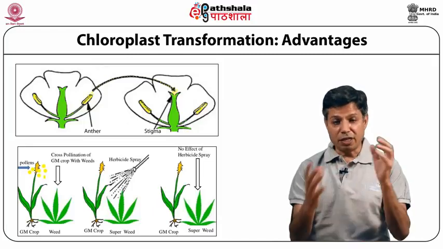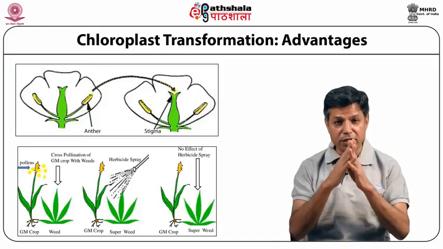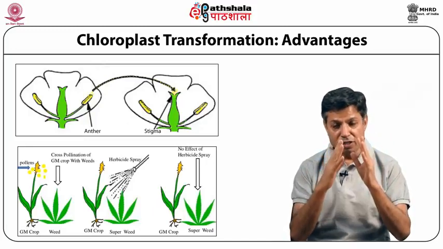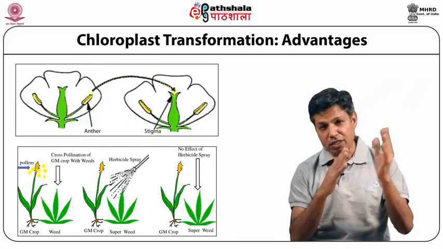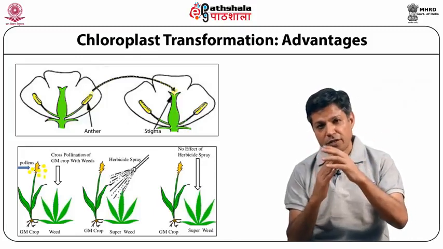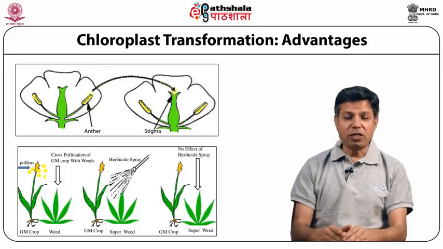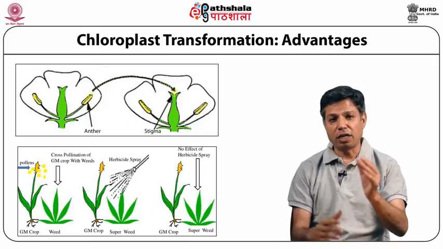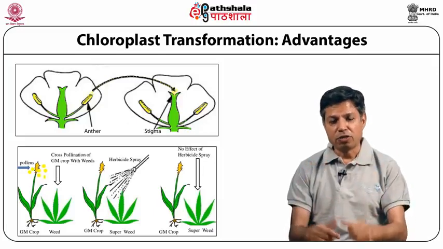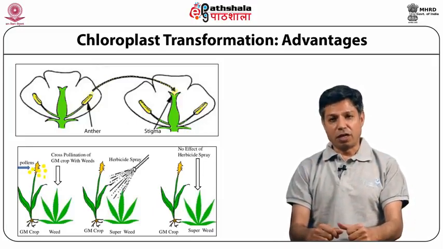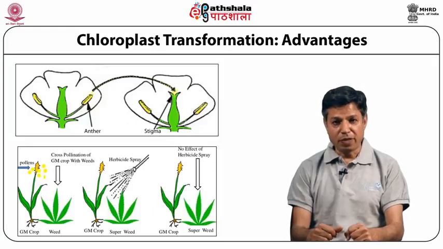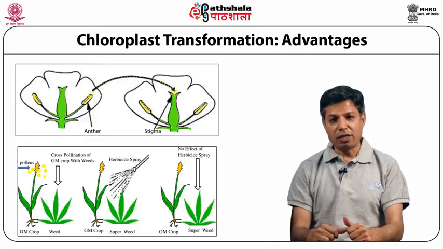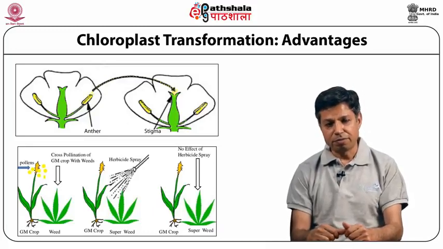So when breeding takes place between two different plants, chloroplast genes do not escape from one plant to another. All the chloroplast genes pass from one generation to another through seeds only. They cannot cross-contaminate in the field. So this is the big advantage of the chloroplast: the gene is contained. It does not help to produce superweeds, as in the case of nuclear transformation.